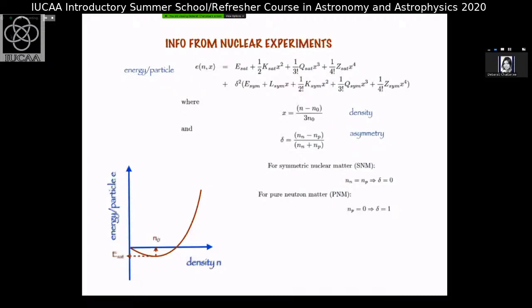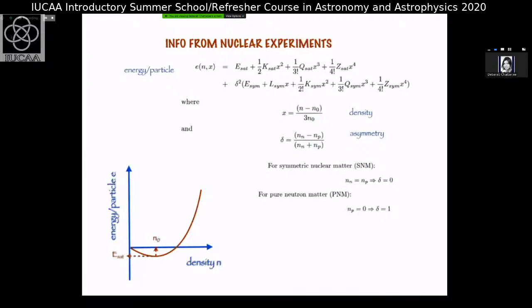So we have only the first line in the energy per particle, and that's why it is called the isoscalar part, because it is scalar in isospin. On the other hand, for pure neutron matter, which is the other extreme, the proton number is 0, we have only neutrons, and in this case delta becomes equal to 1.